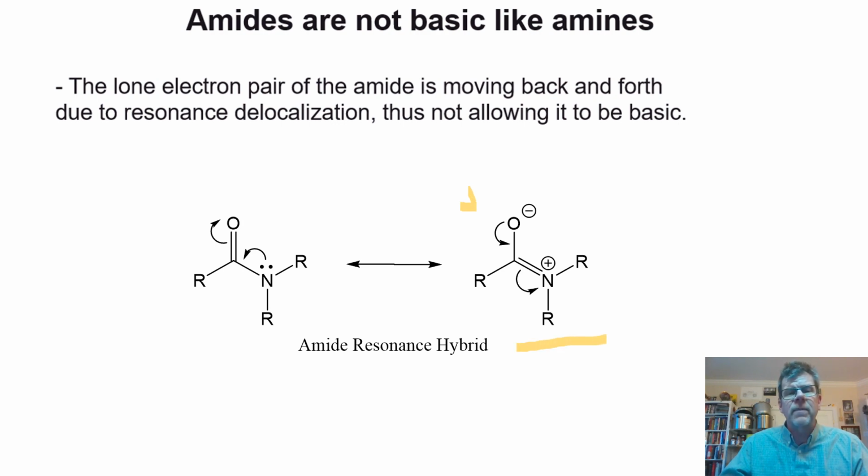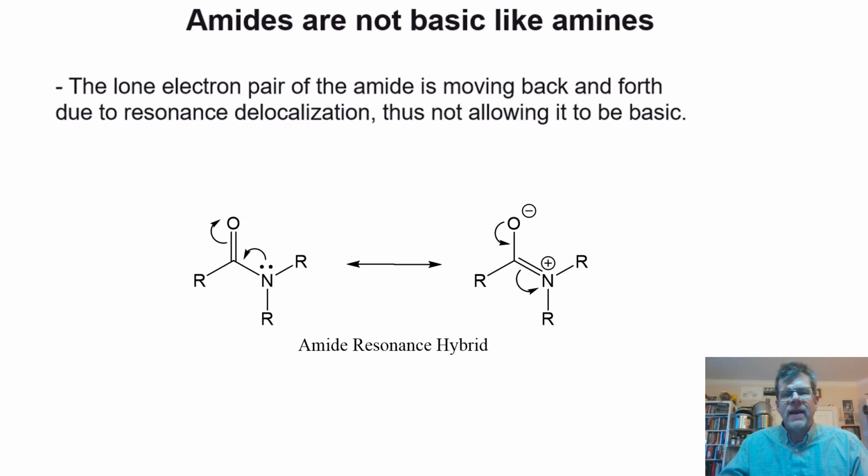It's somewhere in the middle, which is why they call it a hybrid. In fact, it sort of defies the ability to draw it correctly because it's halfway between those two forms. That's why we put this resonance double arrow in here to show that it's a hybrid. We're somewhere in between those two forms.